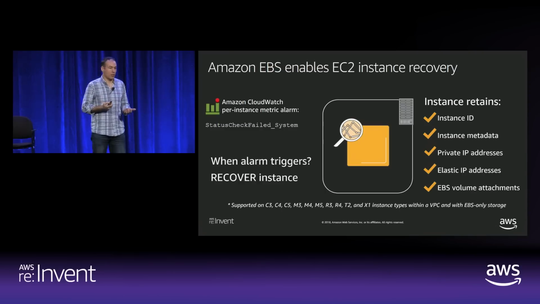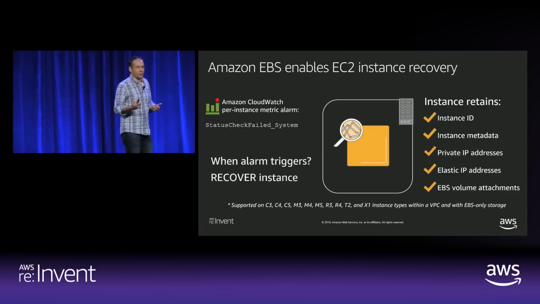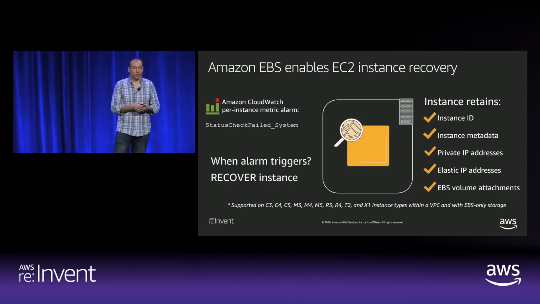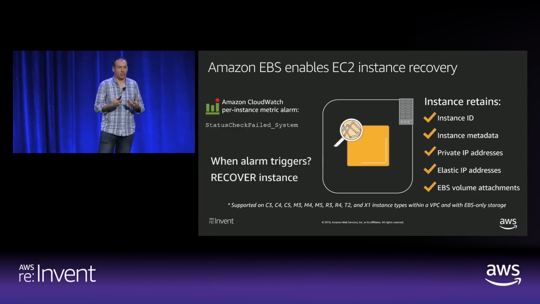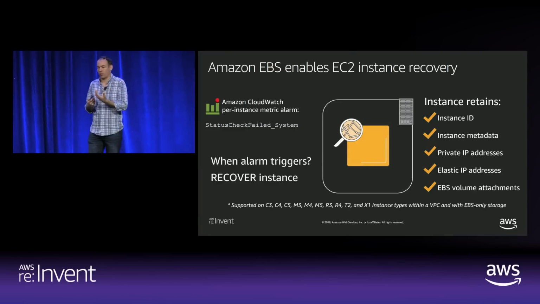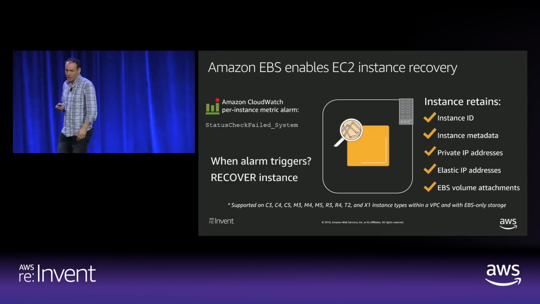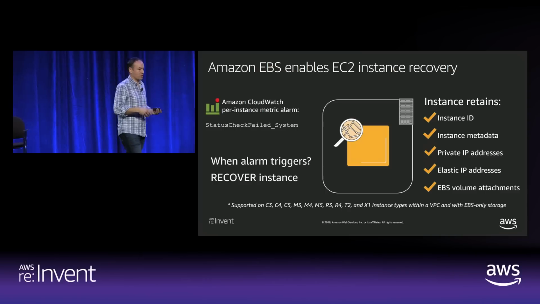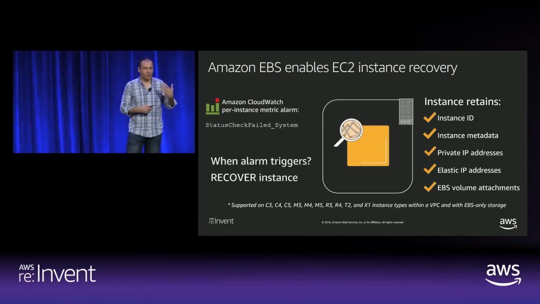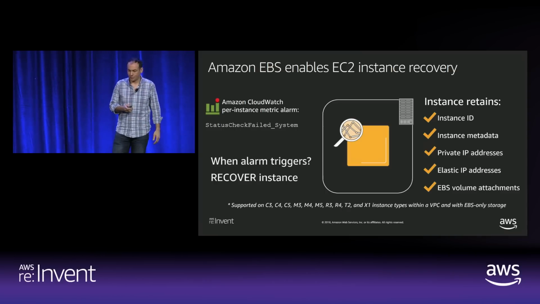Now if the underlying hardware failed, we'll put it onto a different server. Maybe we'll reboot it in place, but we'll look at the health of where your instance is and make a decision on where to move that instance to. And like I mentioned, this is available on our newer instances, C3, which isn't really new anymore, but that's when we started launching it, if it's an EBS-only instance.